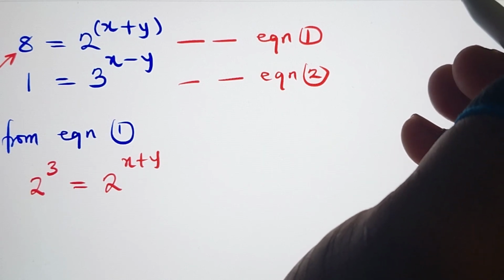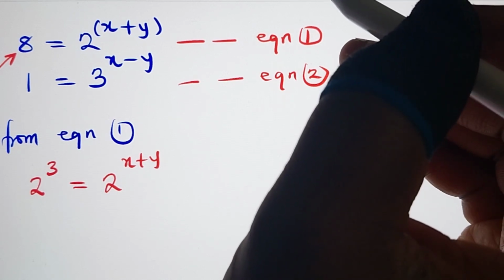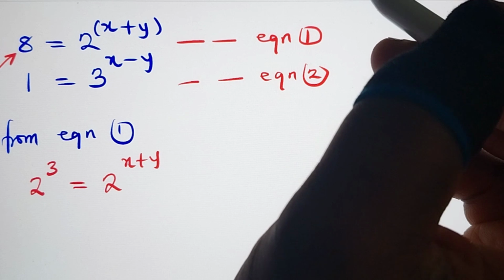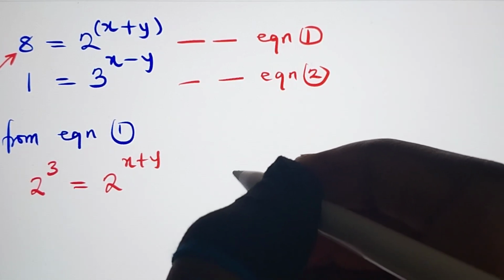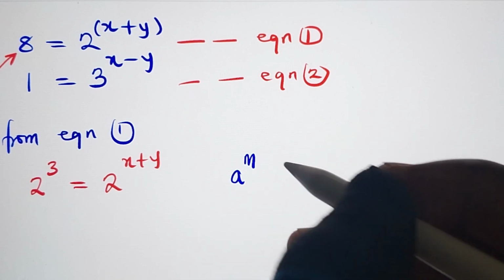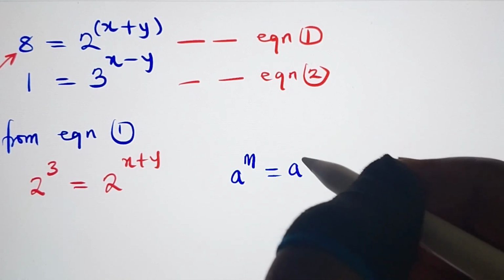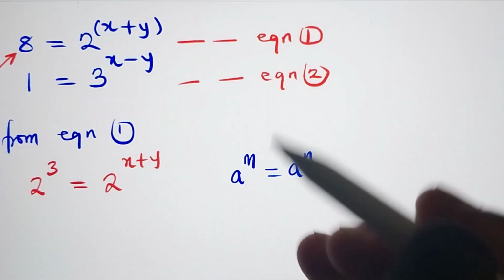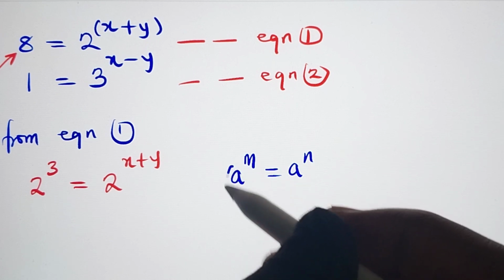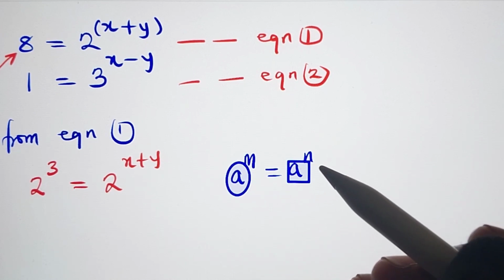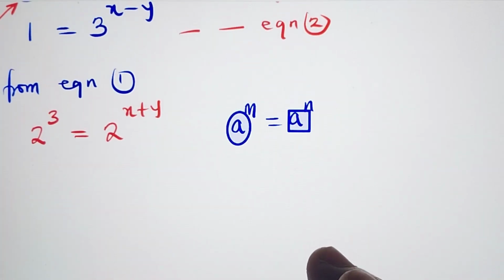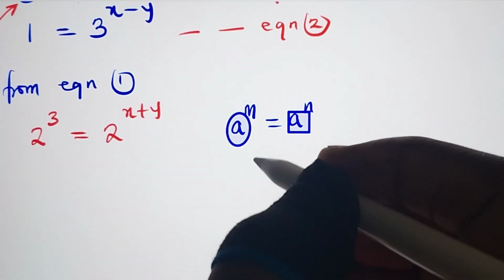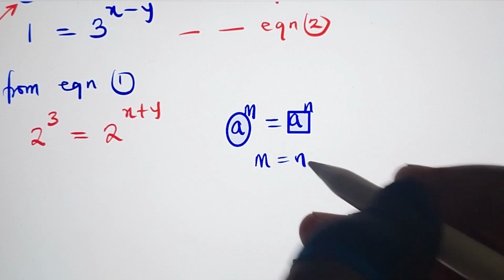I'm going to apply a simple basic law of indices, which says that if we have a raised to power m is equal to a raised to power n, as long as the bases a in these two cases are the same, the principle says that m is equal to n.